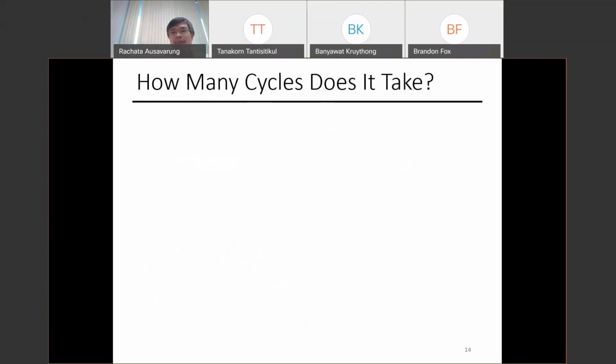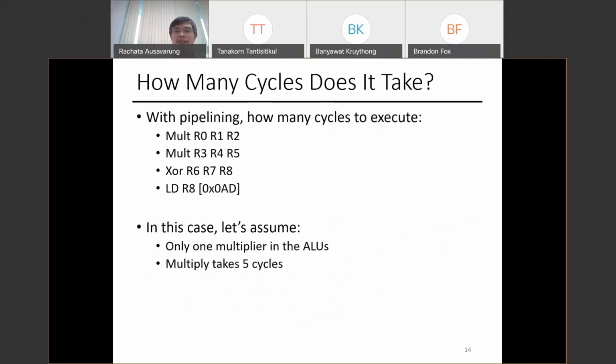Okay, so how about this? What if I say, okay, I'm going to do a multiply. I change the add instruction to a multiply. And then I say I only have one multiplier and each multiply takes 5 cycles, right? Then how long would that take?